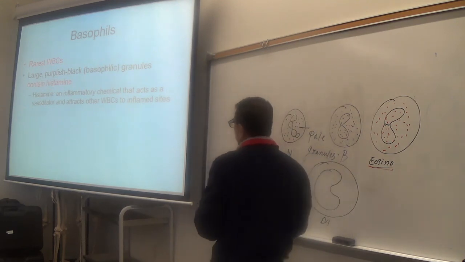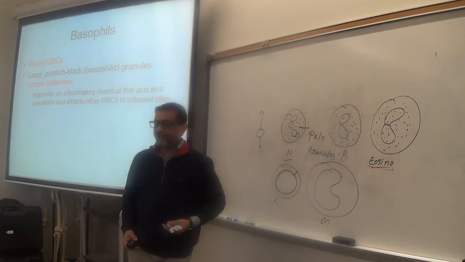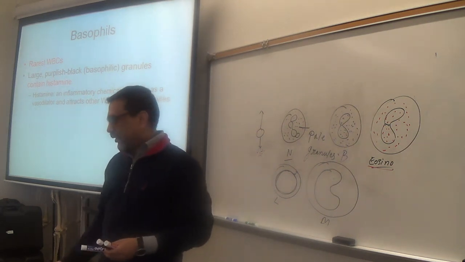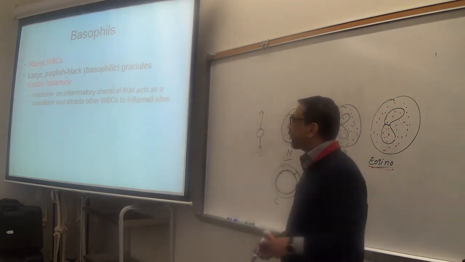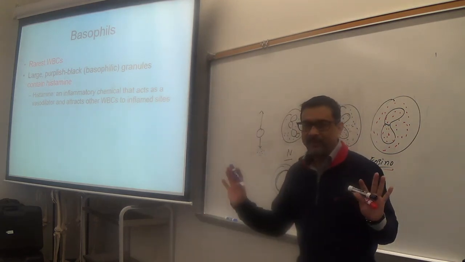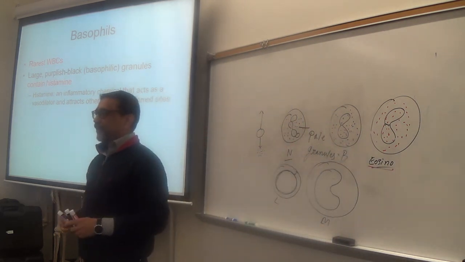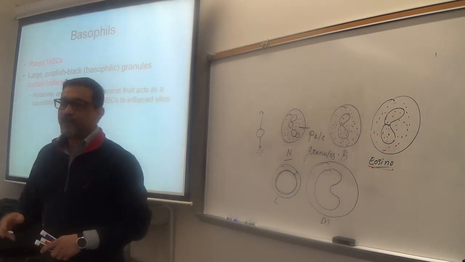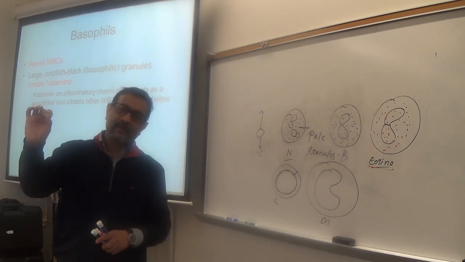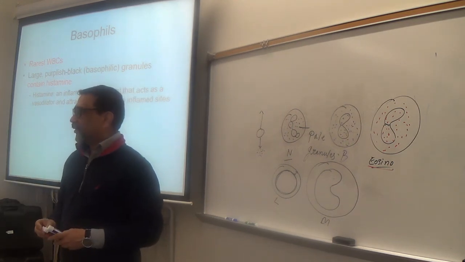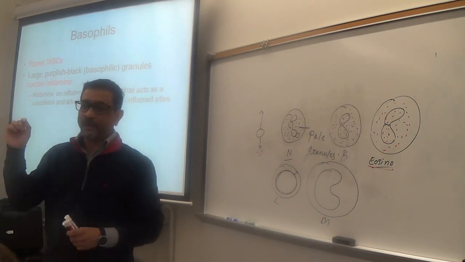Basophils. Just know that basophils produce 2 important chemicals. One is called heparin and another is called histamine. Make sense? So this is important about basophil. Produce what? 2 important chemicals, heparin and histamine. Heparin is an anticoagulant.